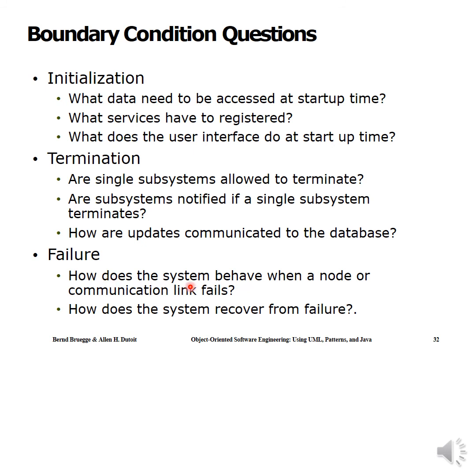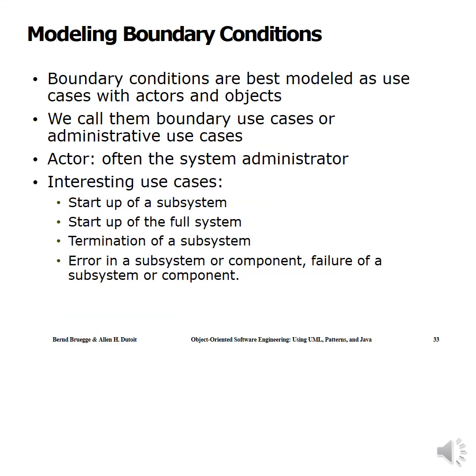And for failure: how does the system behave when a node or a communication link fails, and how does the system recover from failure? In general, this deals with major failures such as data corruption and network outage. Boundary conditions are best modeled as use cases, which we call boundary use cases or administrative use cases, with actors and objects.